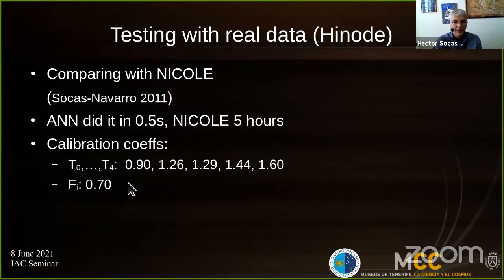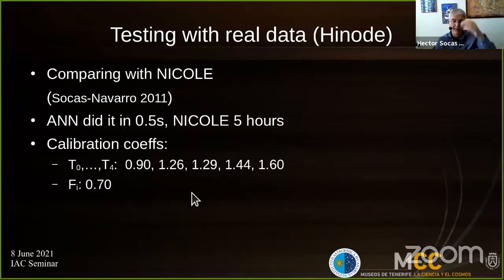Like I said, the real world is more complicated than your model, and this sometimes confuses the neural network. So we have to apply these correction coefficients, and this is another reason why we didn't want to publish the trained model until we have been able to do something like this and verify that if there's fine tuning that needs to be applied, like in this case, then we want to know it in advance.